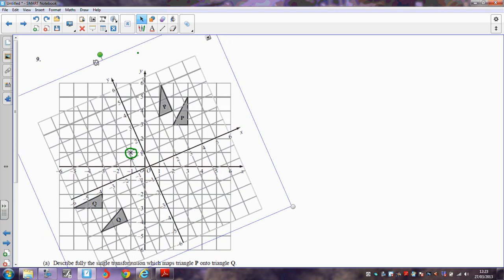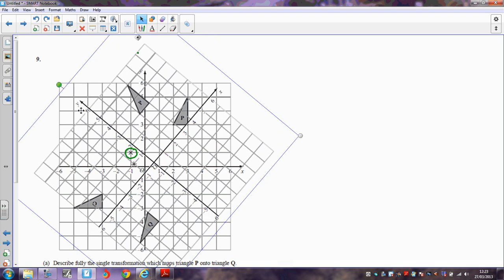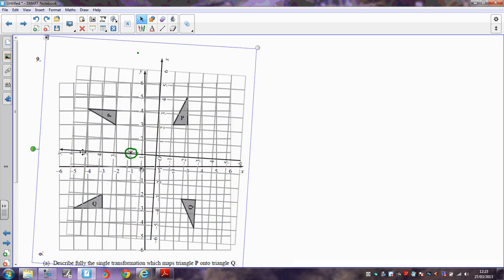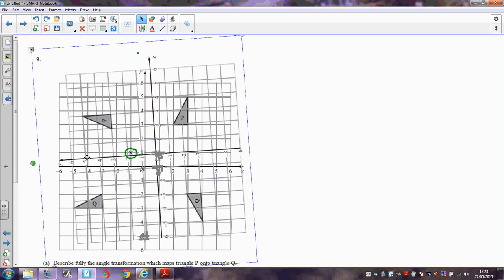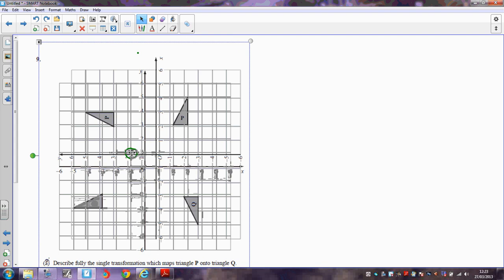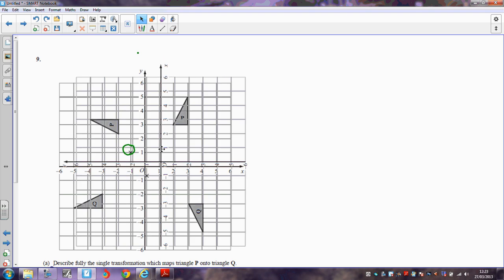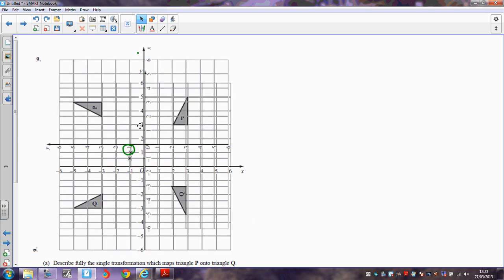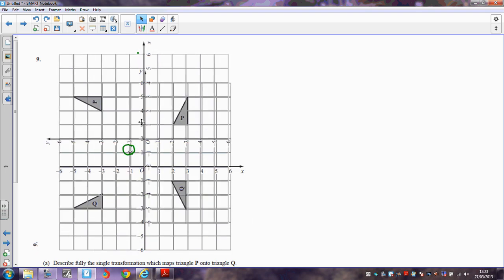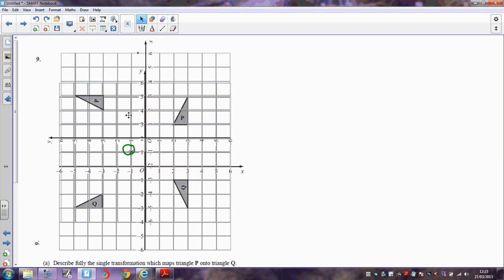Now, notice it's quite hard for me to get the center of rotation in exactly the right place. So I'm going to rotate it and then put the center of rotation in the right place. It's not quite in the right place, so I'm going to move the whole thing so the center of rotation does line up. There it is. So you can see that Q has moved from there to over here.